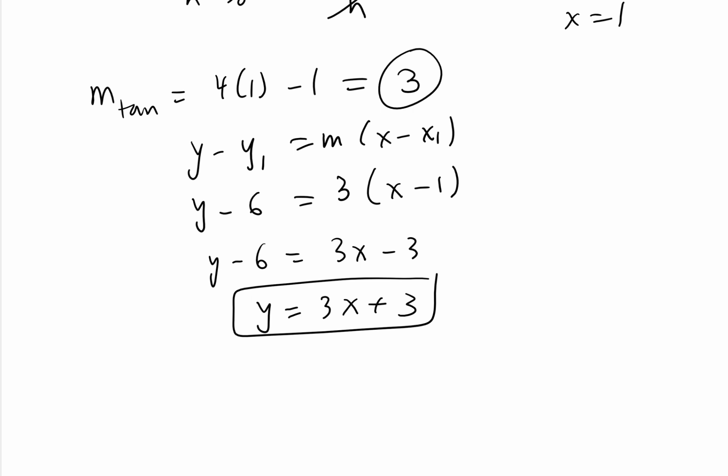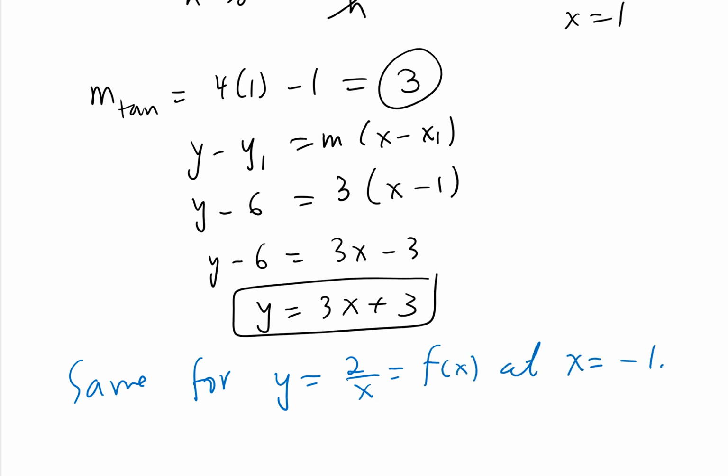Okay, so we can look at more examples similar to this and see how it makes a difference. For example, we're going to find the same for y equals 2 over x, that's called f of x, at x equals negative 1.